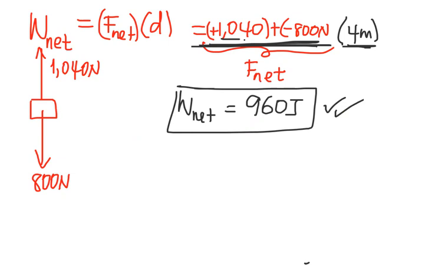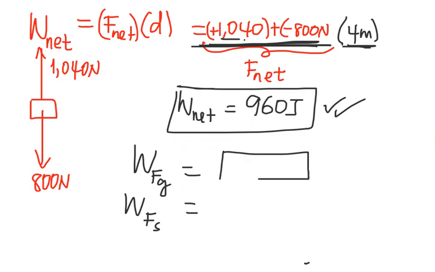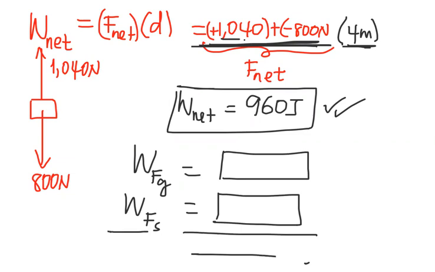Now, if you look at the numbers we got before, we started with the work done by gravity and the work done by the support force. If I add up the two, I'll get the work done by the net force.